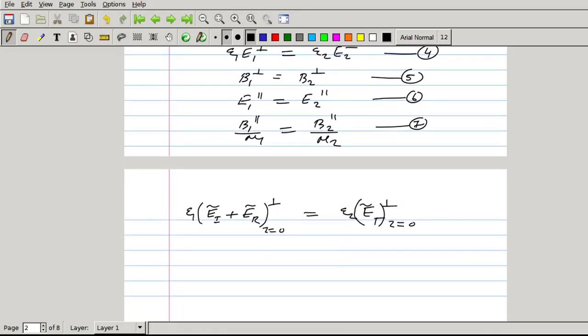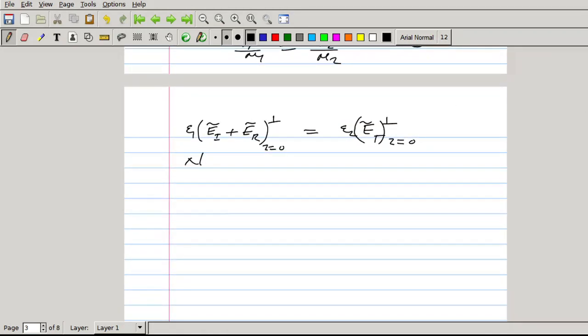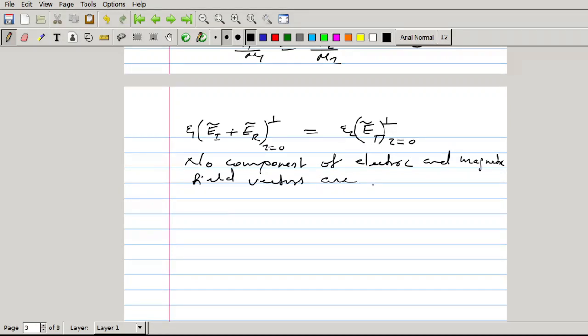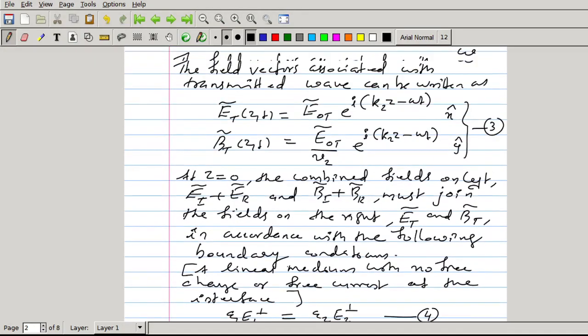So in this case, no component of the electric and magnetic field vectors is perpendicular to the interface. What is the interface? The interface is the xy plane.